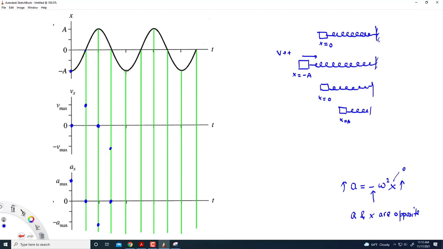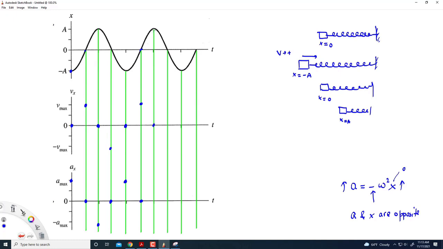At negative maximum, velocity would be 0 and acceleration would be positive maximum. At equilibrium, velocity would be maximum. At equilibrium, acceleration would be 0. At the maximum displacement, velocity would be 0.